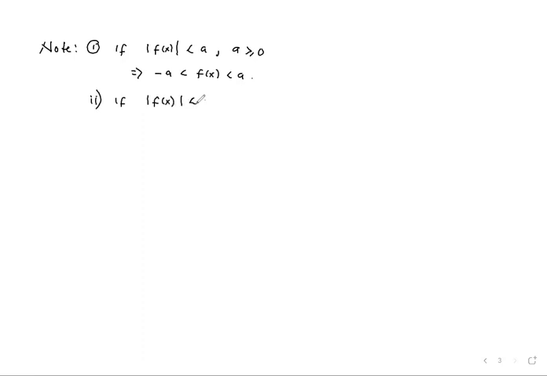We note that: 1, if you have f of x less than a, where a is greater than or equal to 0, your definition will be -a less than f of x, which is less than a. 2, if this is less than a, where a is a negative number, the solution set is going to be empty.